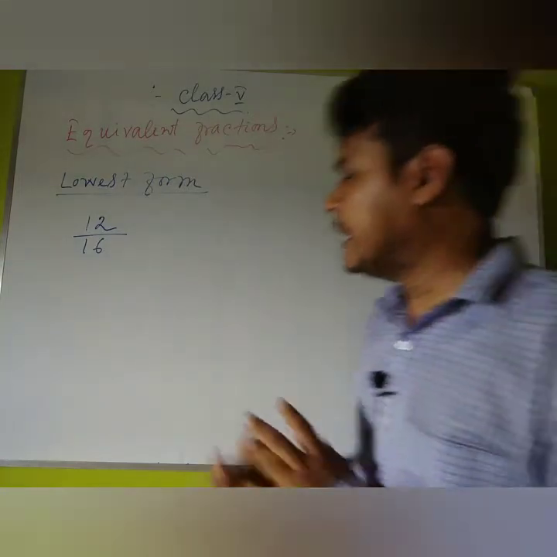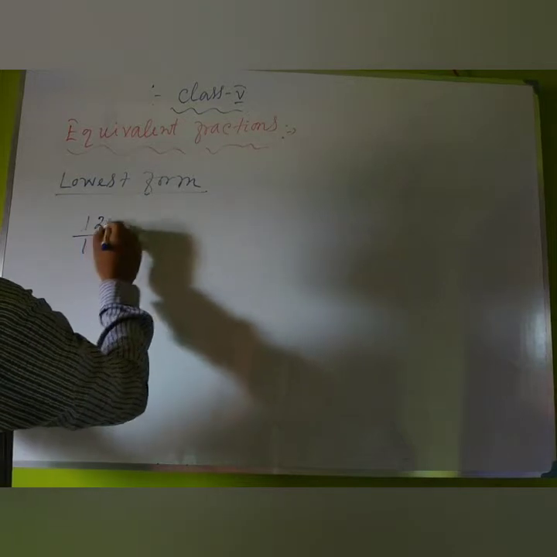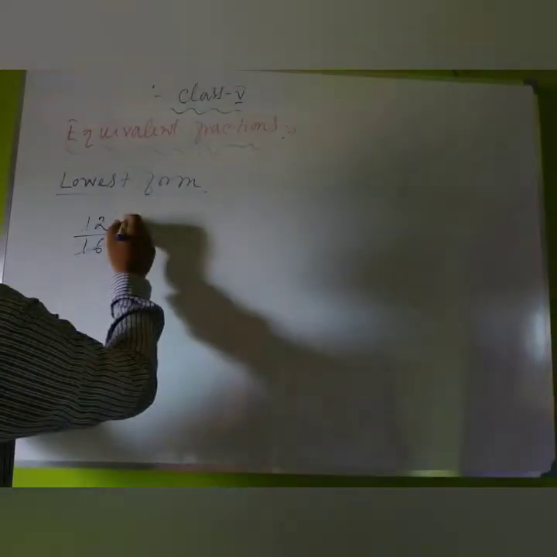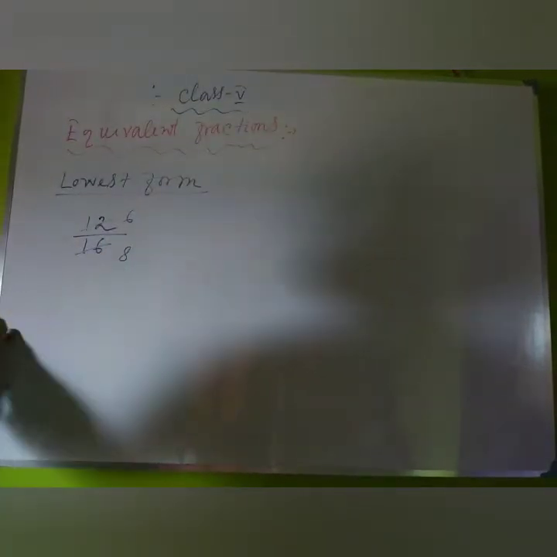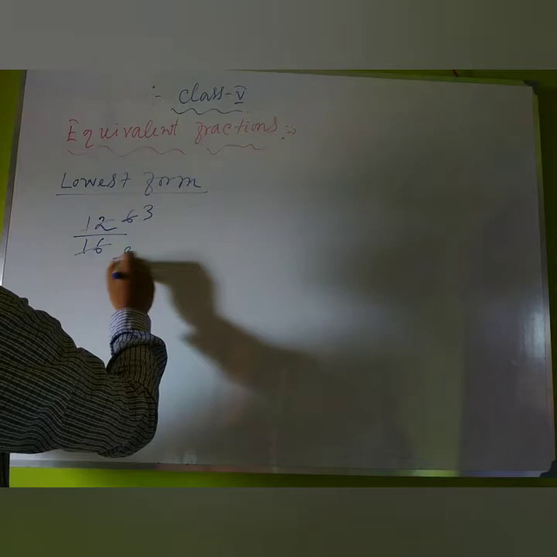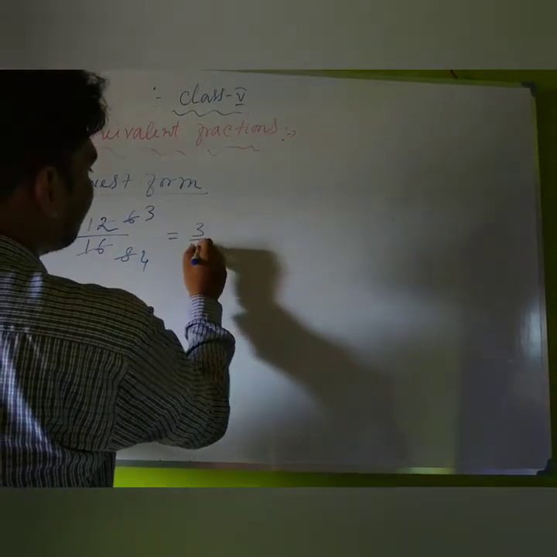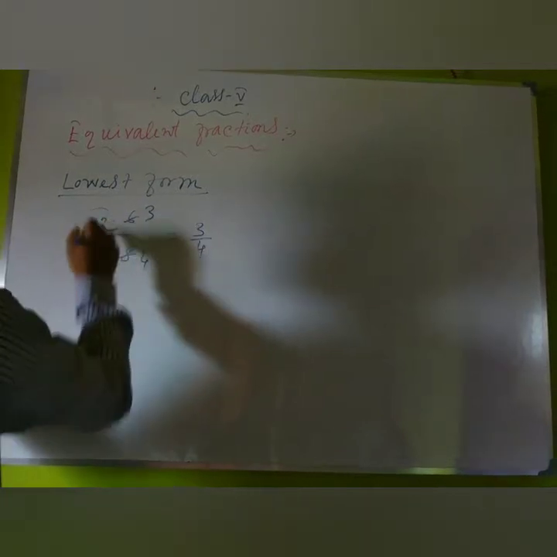So if we divide 12 and 16 by 2, then we get 6 by 8. Again 6 and 8 are divisible by 2, giving 3 by 4. This 3 by 4 is the lowest form of this fraction.